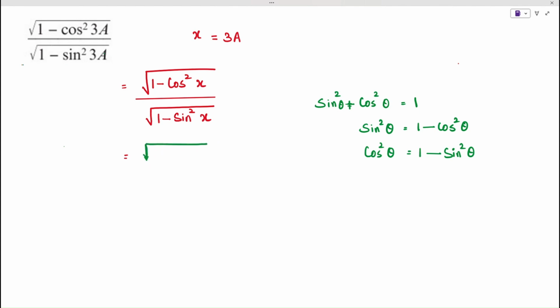So we can replace these values with the part of the equation on the left hand side. We have 1 minus cos squared x in our top root, and 1 minus cos squared theta is equal to sine squared theta, so we have the root of sine squared x.